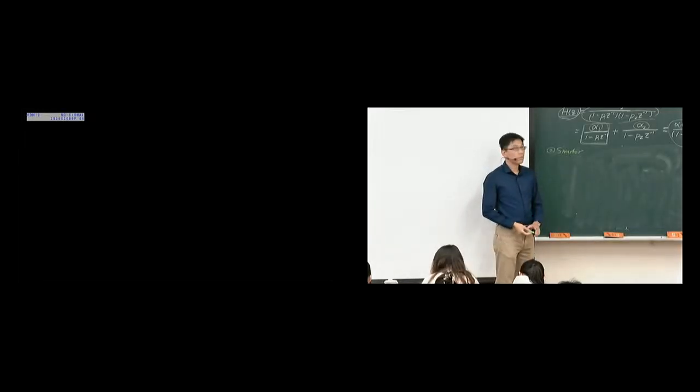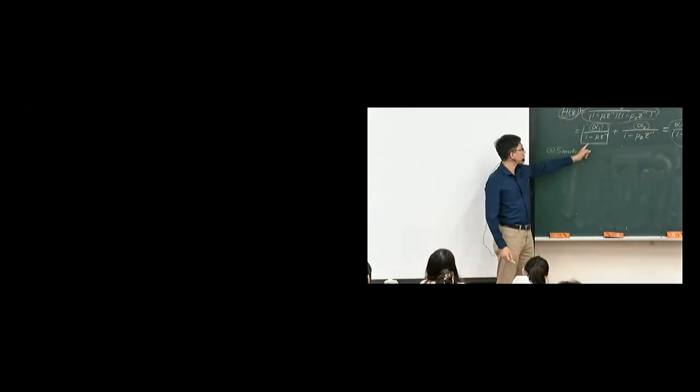First of all, note that H(z) is decomposed into a sum of two terms. So to find alpha 1, let's multiply both sides of the equation by a factor.